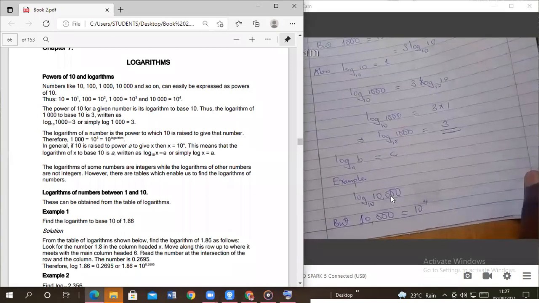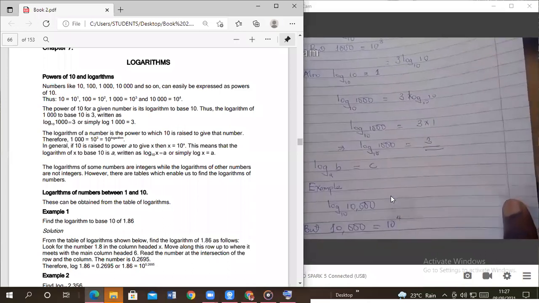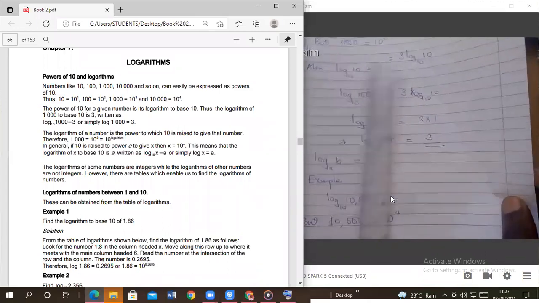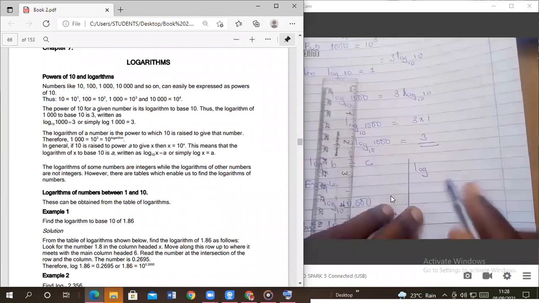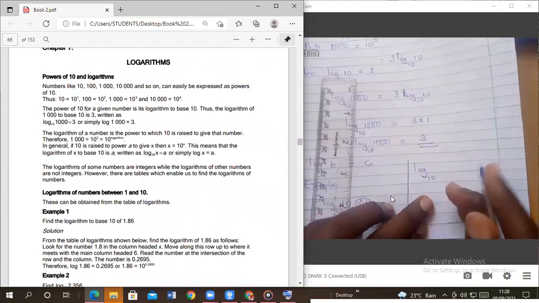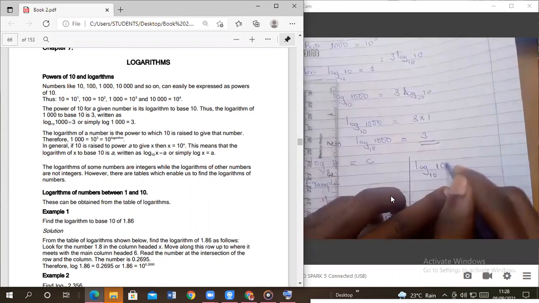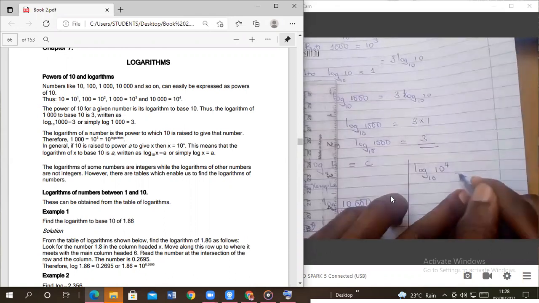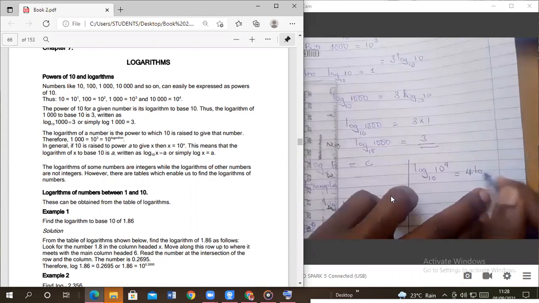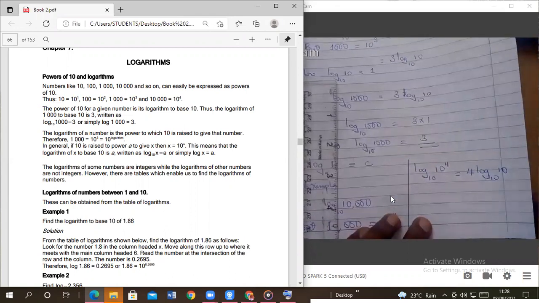But how do we arrive at 4? We say 10,000 is the same as 10 to the power 4, which can be written as 4 log to base 10 of 10.